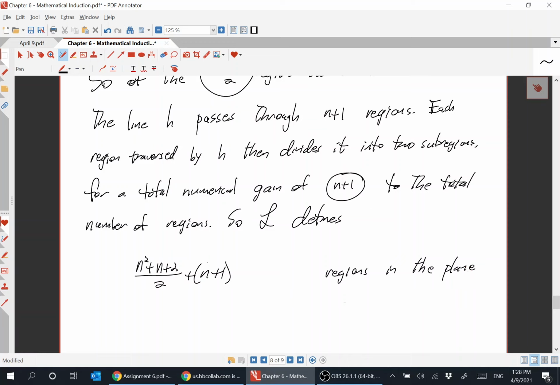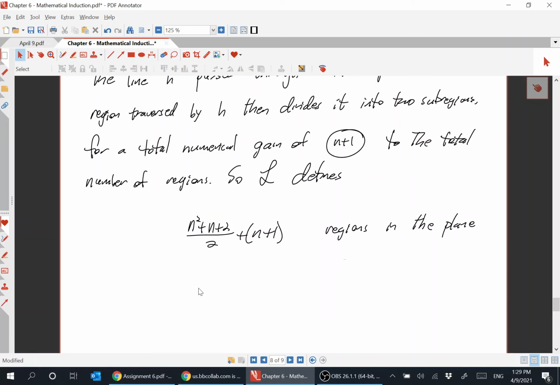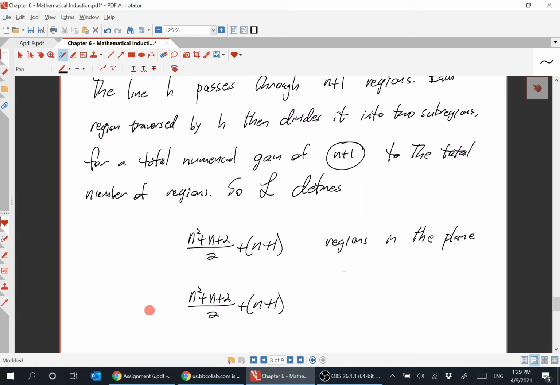So that many regions in the plane is equal to n squared plus n plus 2 plus 2n plus 2 over 2, which is n squared plus 3n plus 4 over 2, as required.